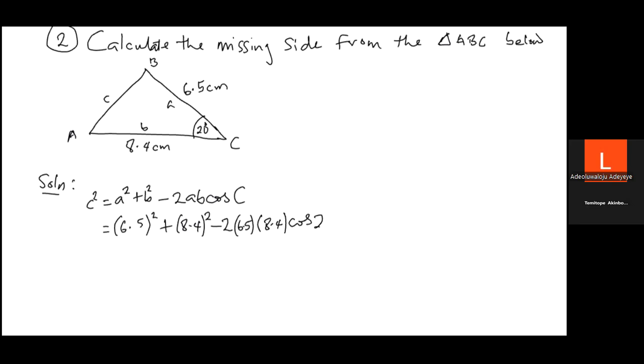So you now take your calculator. 6.5 squared, that's 42.25.